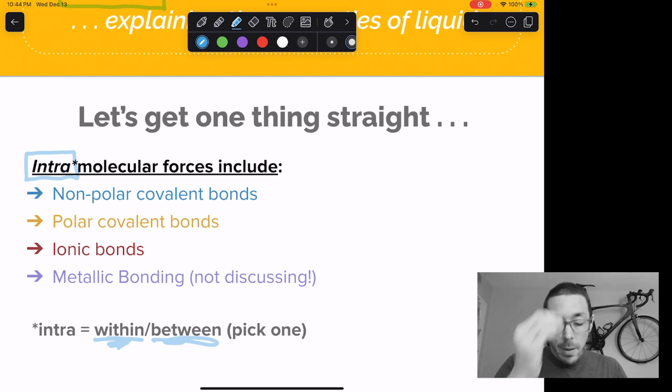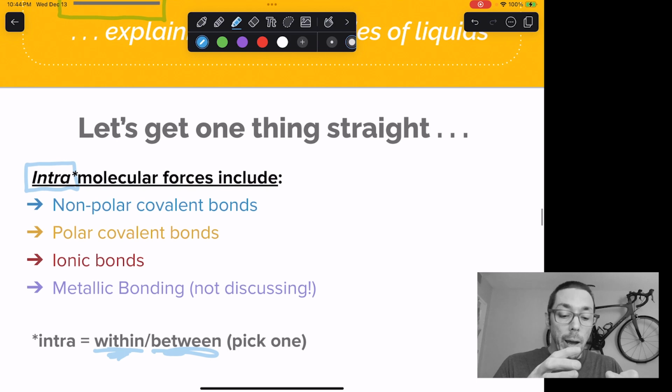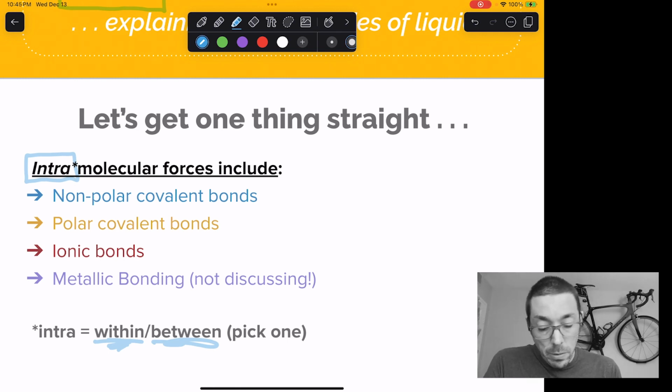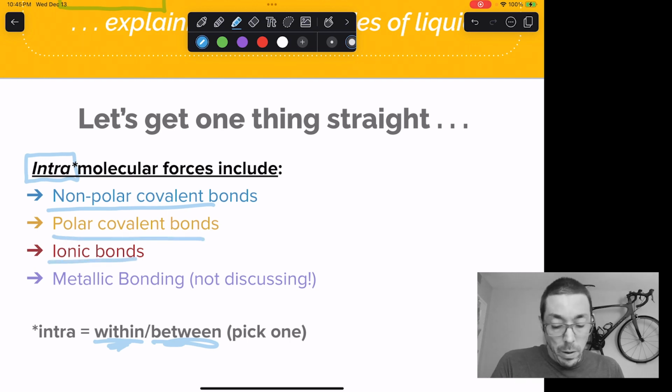So intramolecular forces means inside the molecule. So that is talking about the actual bonds that you're making inside the molecule or inside the compound. So that would be your covalent bonds or your ionic bonds or metallic bonds that we're not talking about this year. So it's the actual bonds within the molecule, right?